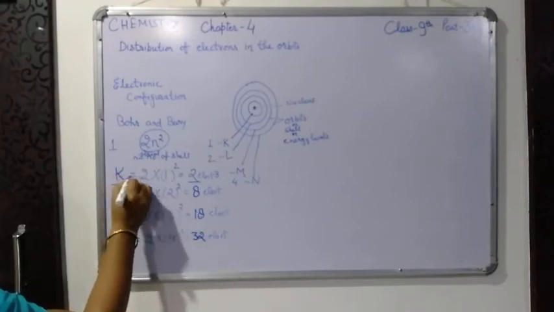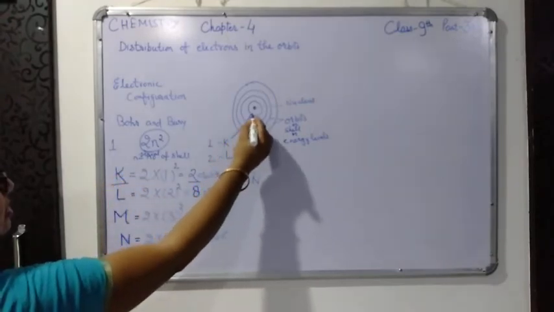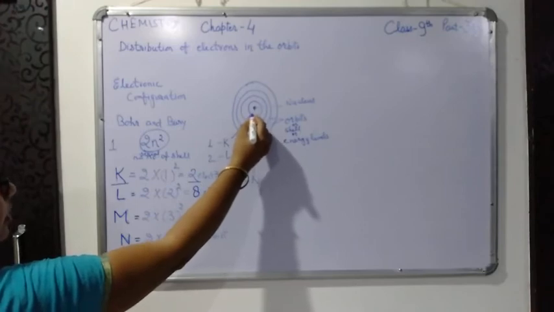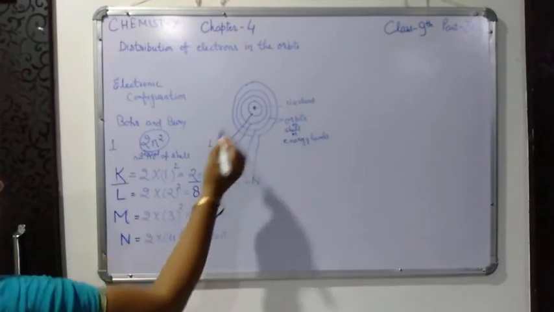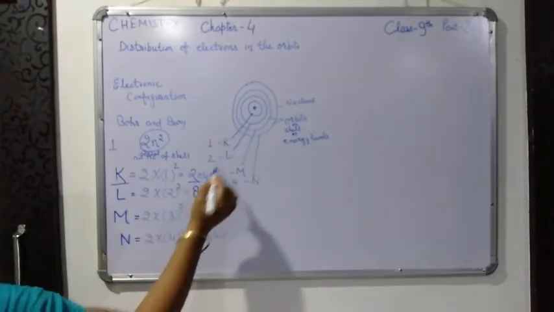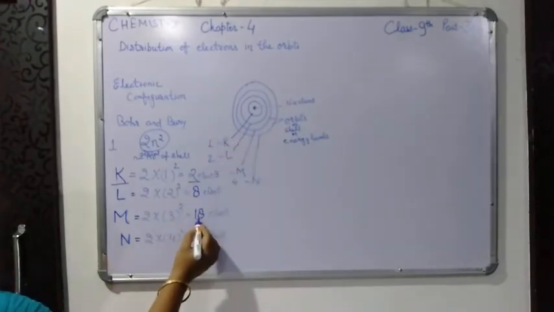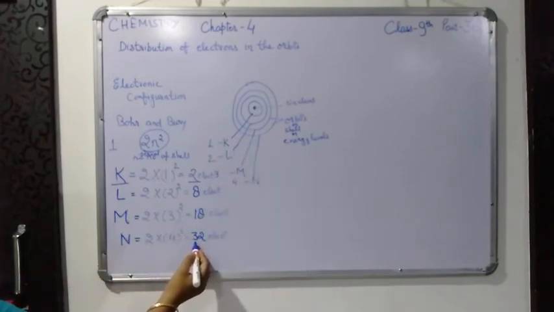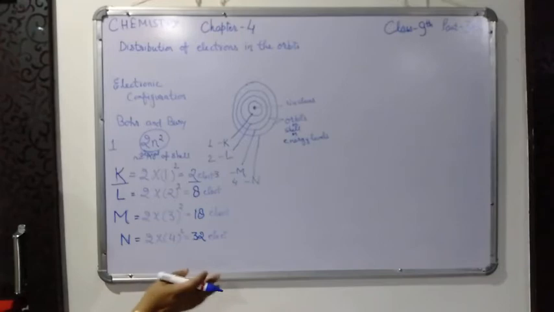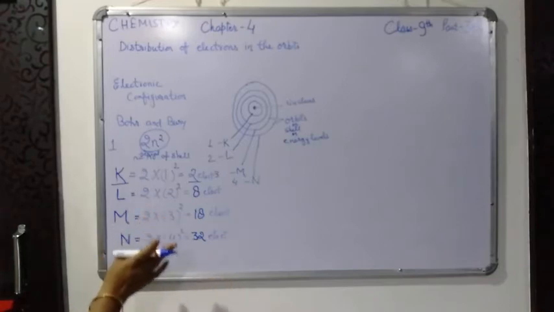Likewise, you have to apply the formula and you can distribute the electrons. So this is the first rule.